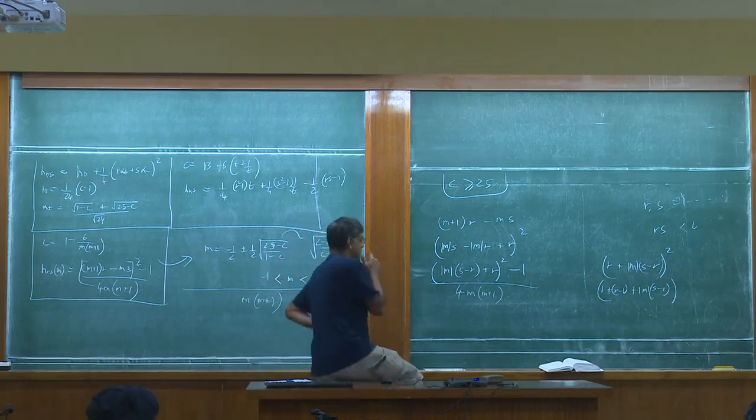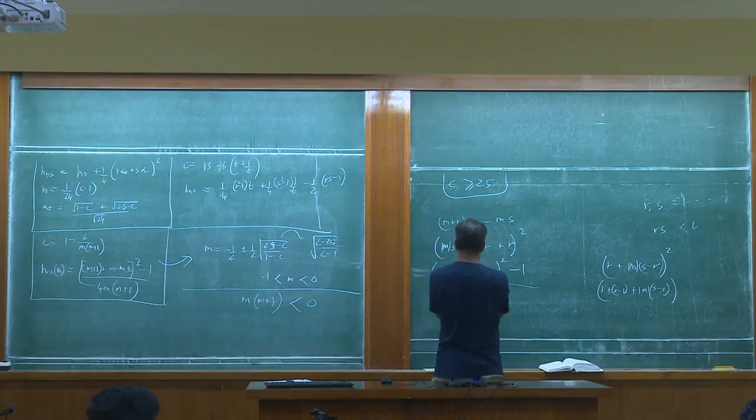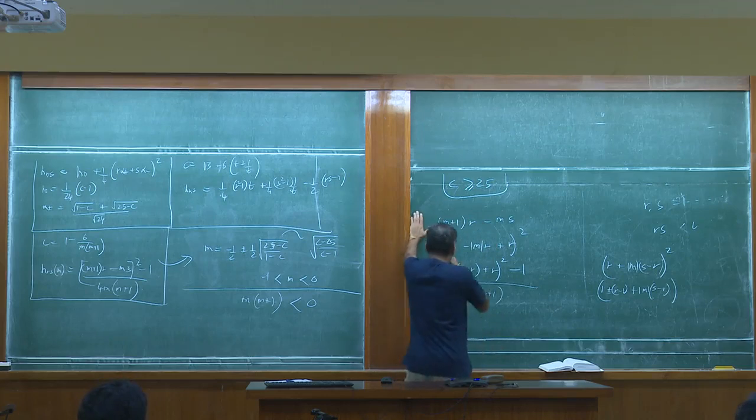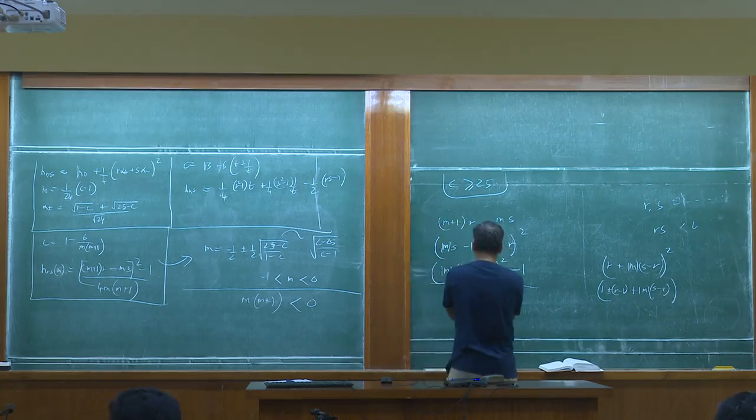This quantity is always greater than 1. Why? Should be obvious. Let's see. The point is that this guy could go negative, right? How negative can it go?